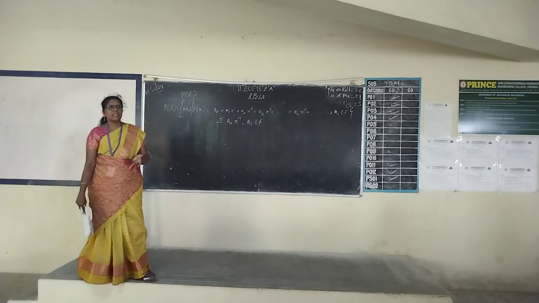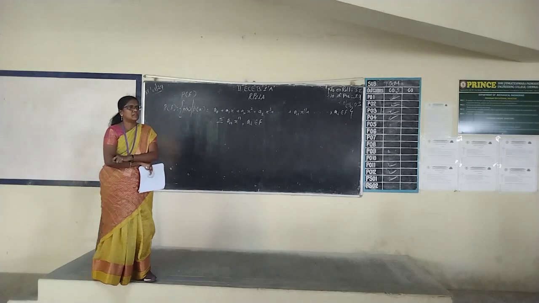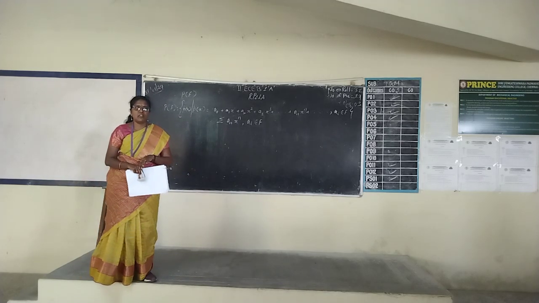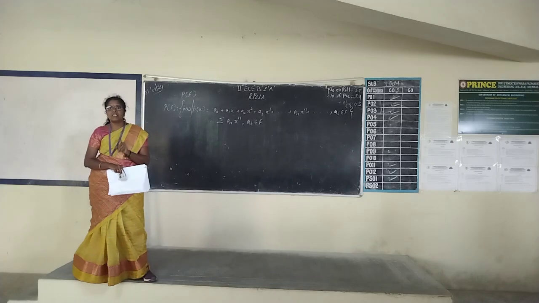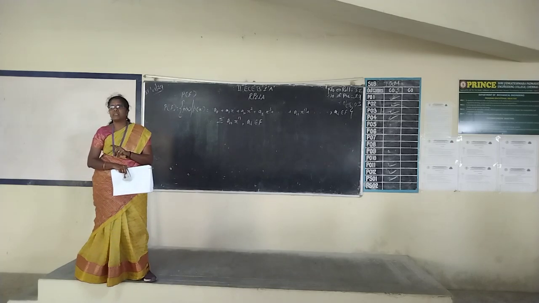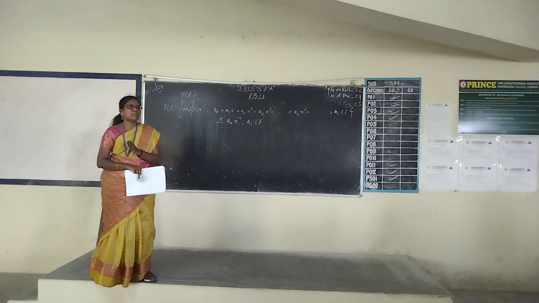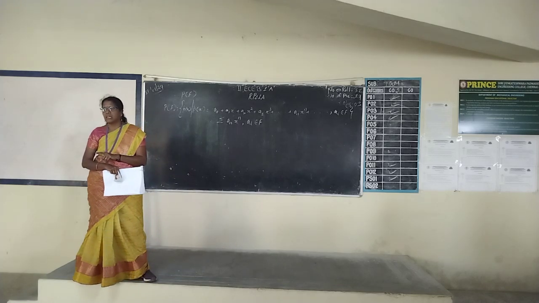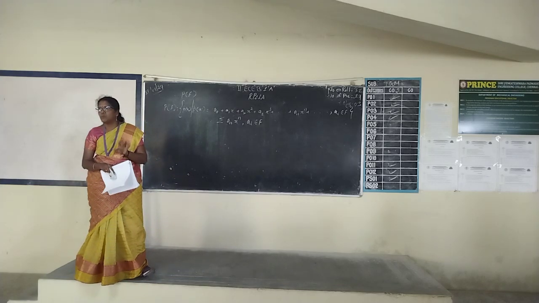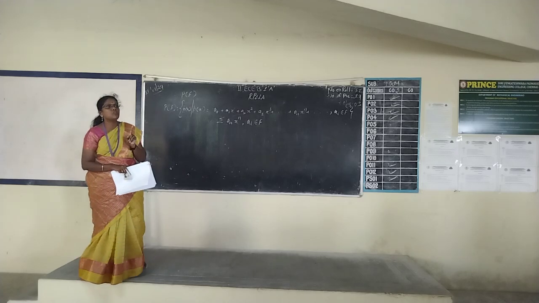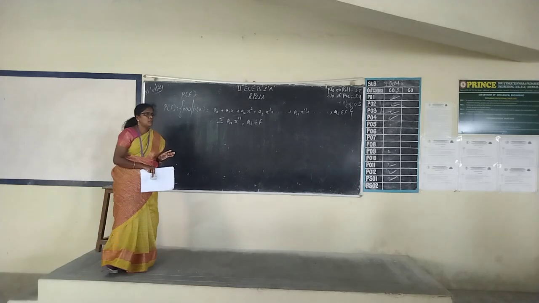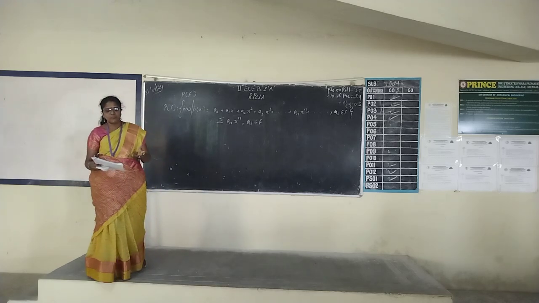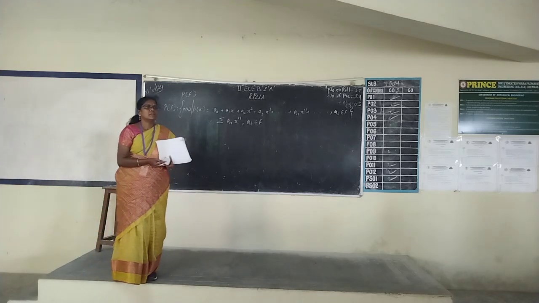If the question is to check whether it is a vector space or not, then there is a question mark whether it can be a vector space or not. But here it is clear: prove that. So all the conditions should be satisfied. Shall we start the proof? Start the solution.